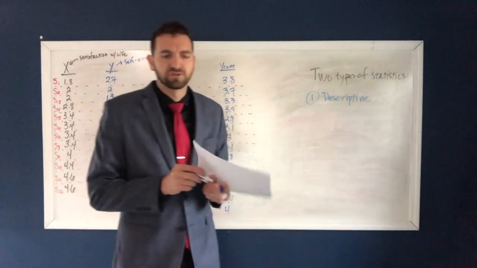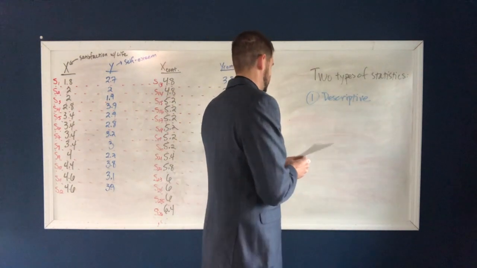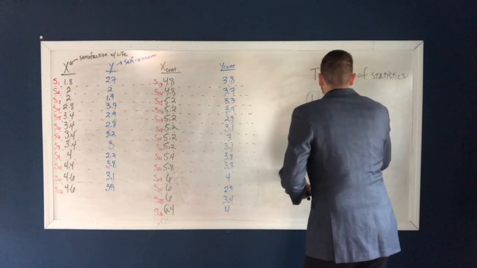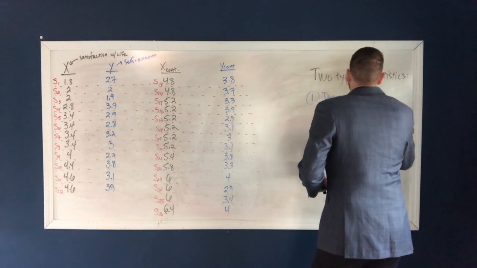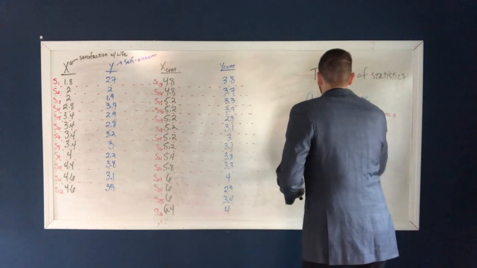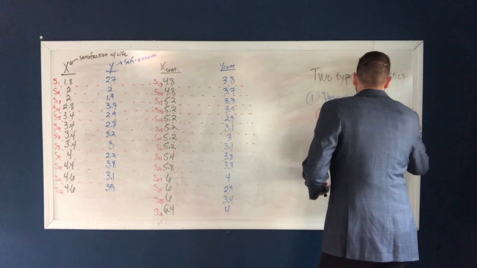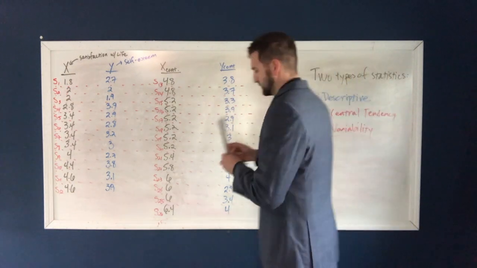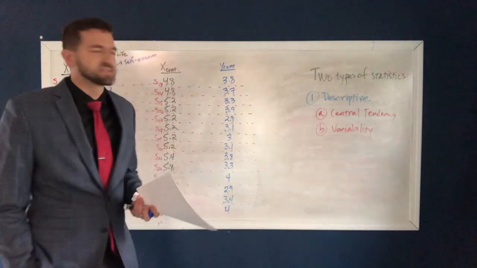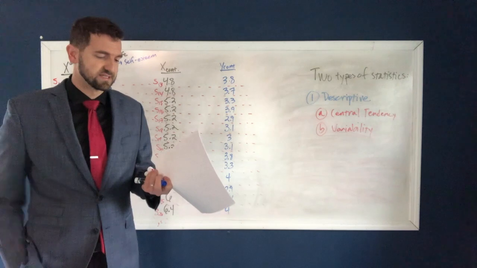And then there are two types of descriptive statistics. Okay, so there's central tendency and variability. So those are the two types of descriptive statistics.